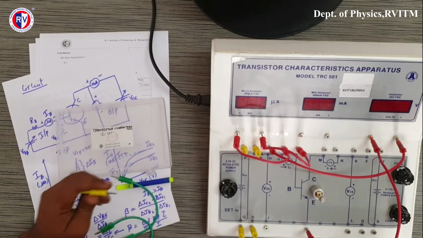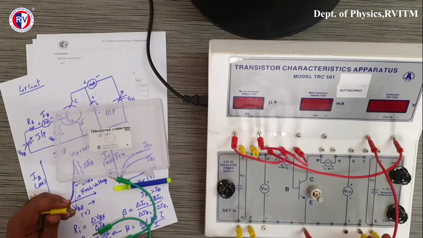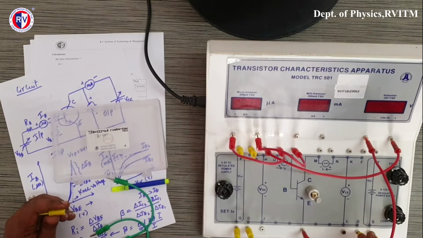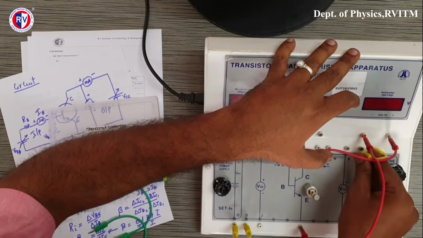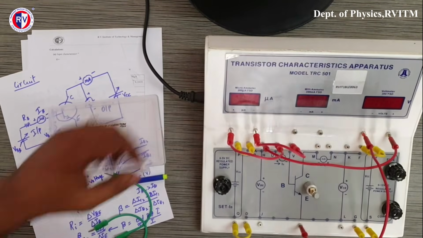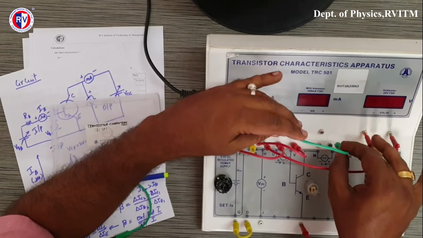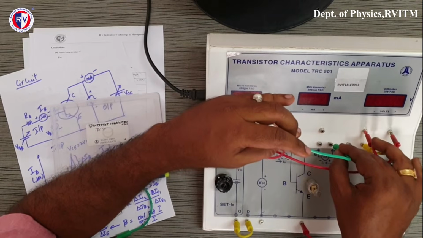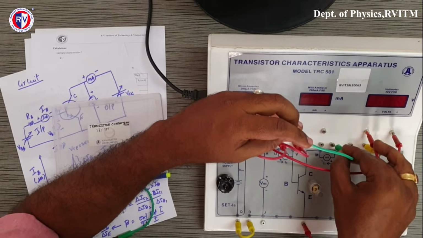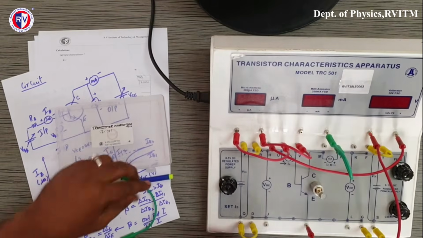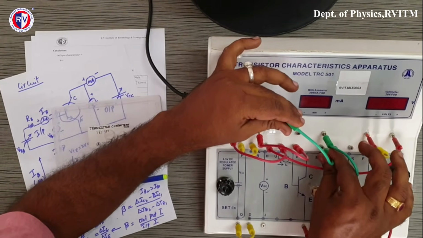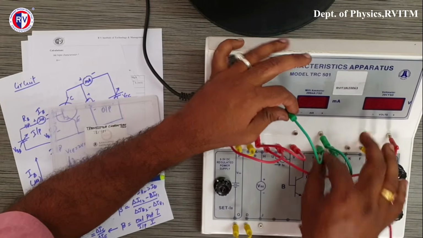Next let's connect the output. This is the source, source is established, and the milliammeter positive is connected to positive, milliammeter negative is connected to negative.